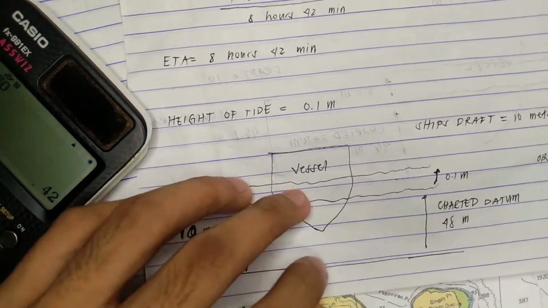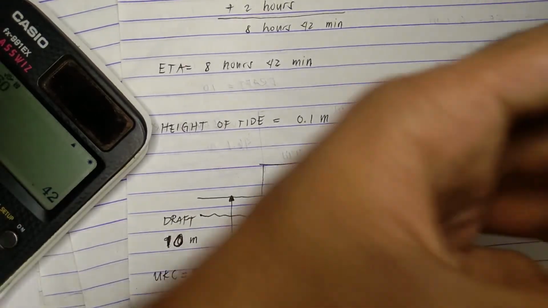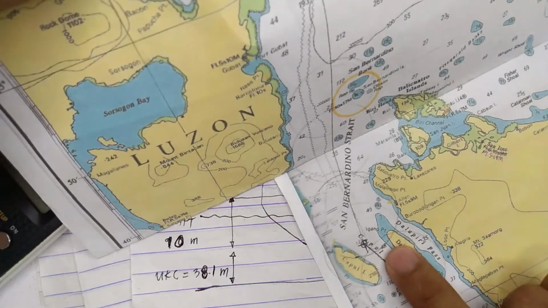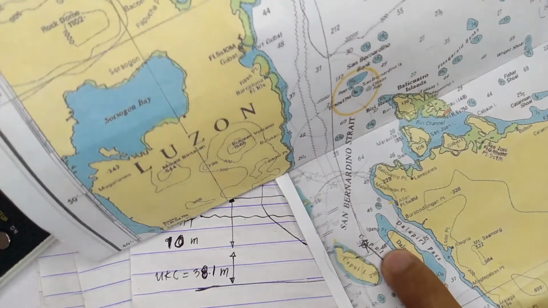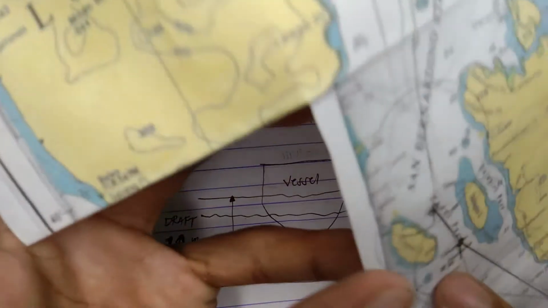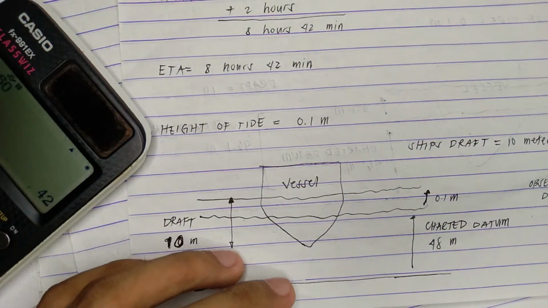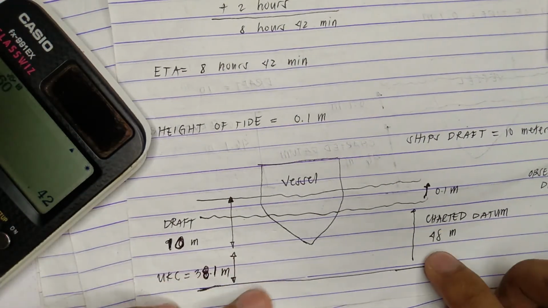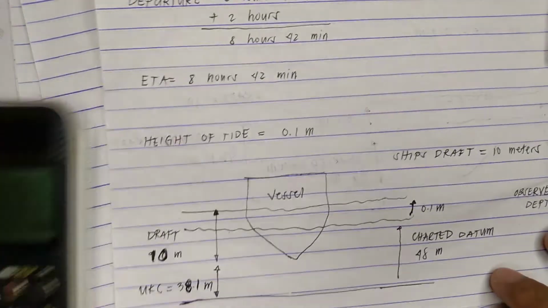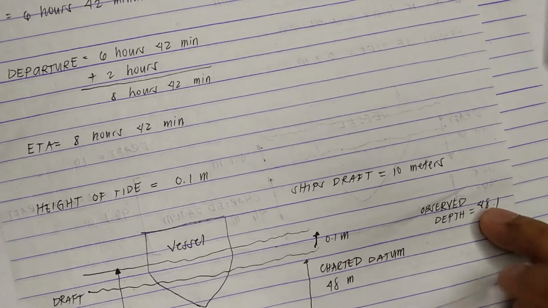So as you have seen here in our chart, the lowest, or nearest, portion is 48. We have this datum right here, 48, as you can see. So that will be the charted datum, 48 meters. So 48 meters plus 0.1, the height of the tide, is equal to 48.1.